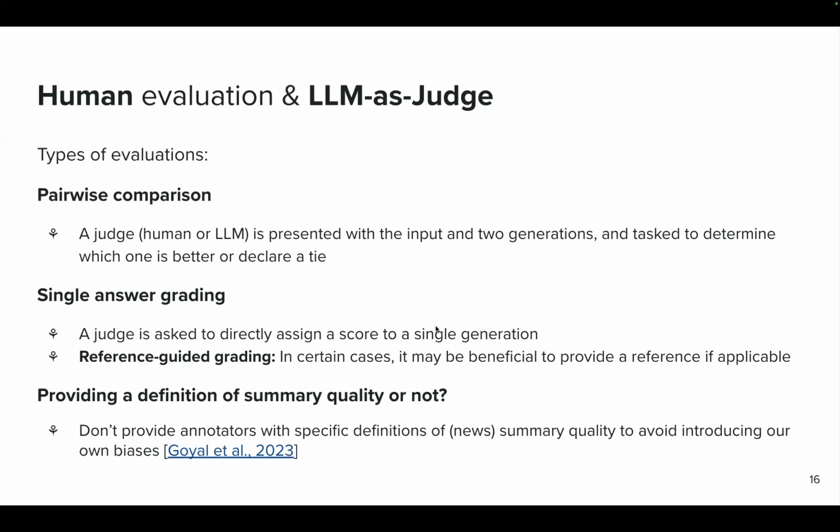They say with news summarization, there are many different things people consider when they judge the quality, and for this particular task, for this particular domain, they don't want to constrain people's evaluation with whatever notion they had in mind. However, in some other domains, think about, let's say, the medical domain, you might want to provide more detailed guidance. This choice, I think, really depends on what kind of summarization you are doing and with which purpose, right?